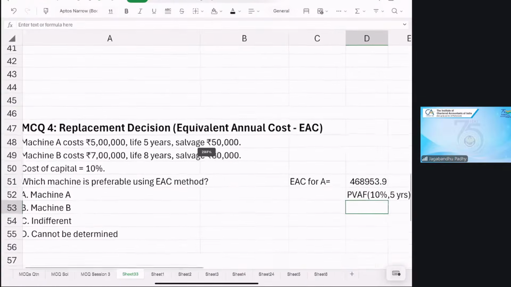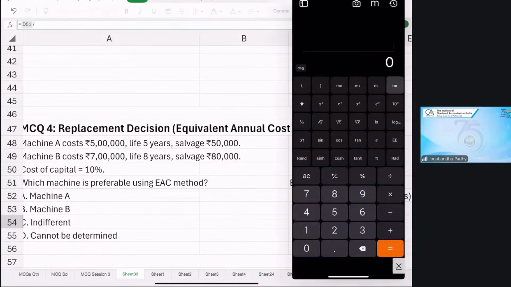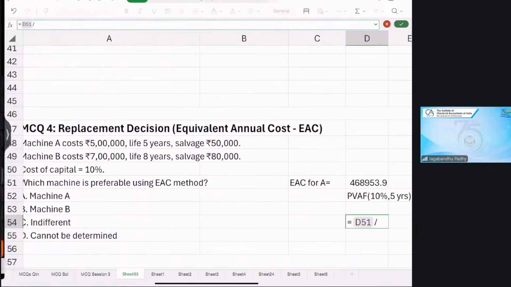The equivalent annual cost over here is this divided by the present value annuity factor at 10%, which is 3.791.